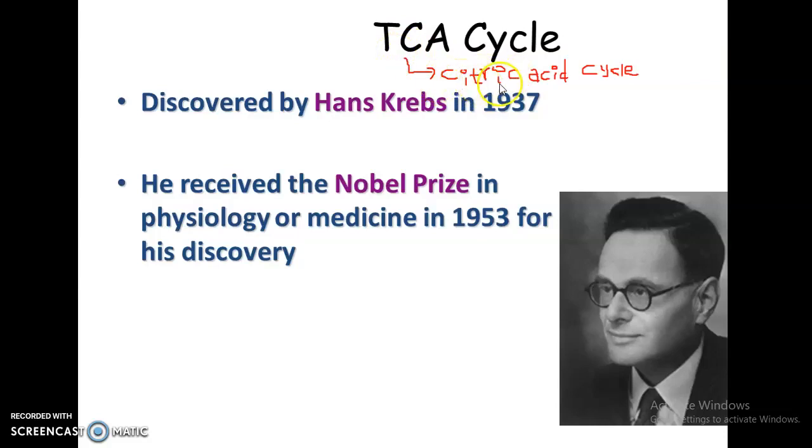Therefore, it is named citric acid cycle because the first product in the pathway is citrate or citric acid. It is named Krebs cycle because the discoverer of the pathway was a scientist, Hans Krebs.